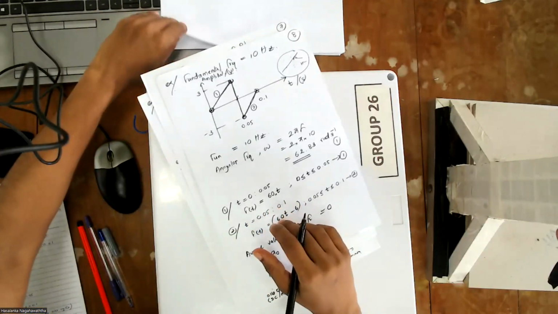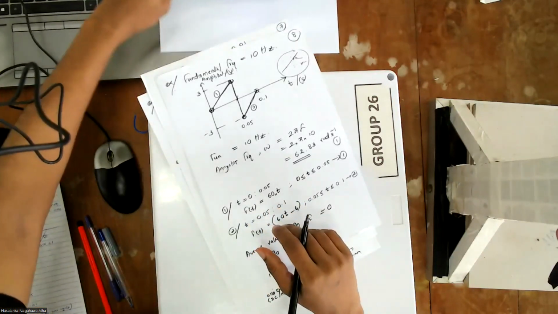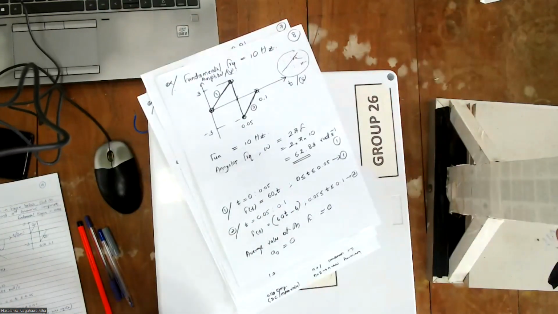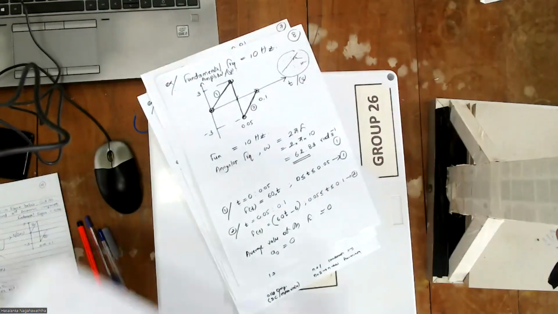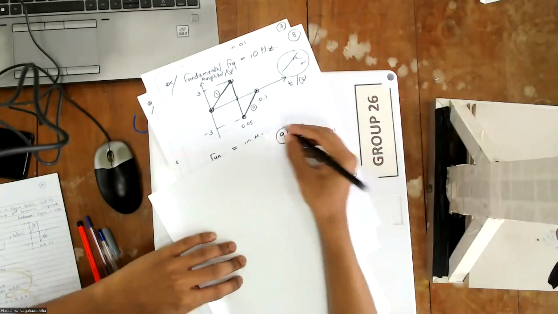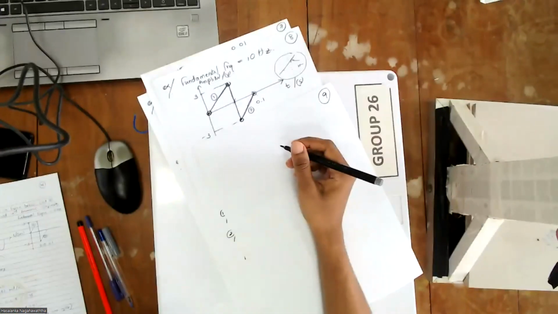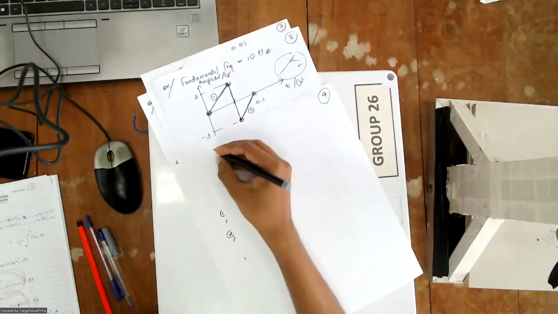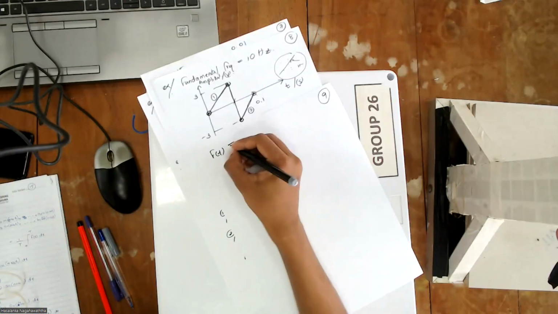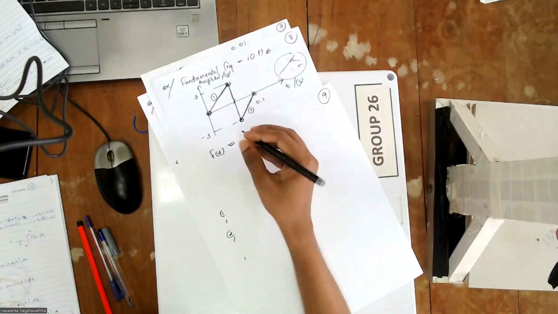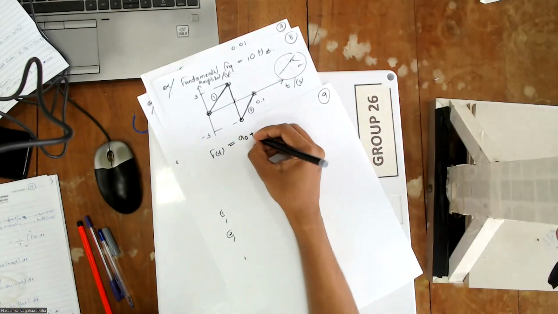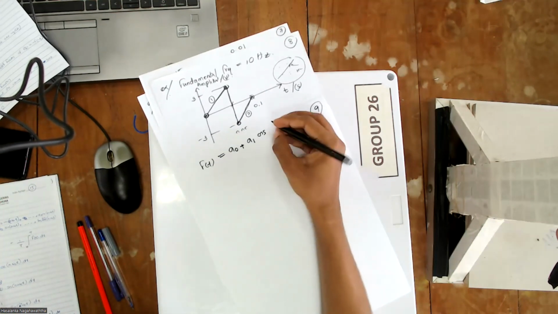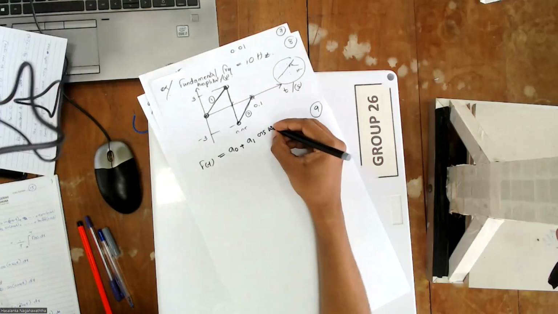We have to use this kind of equation. f(t) is equal to A naught plus A1 cos omega naught t.